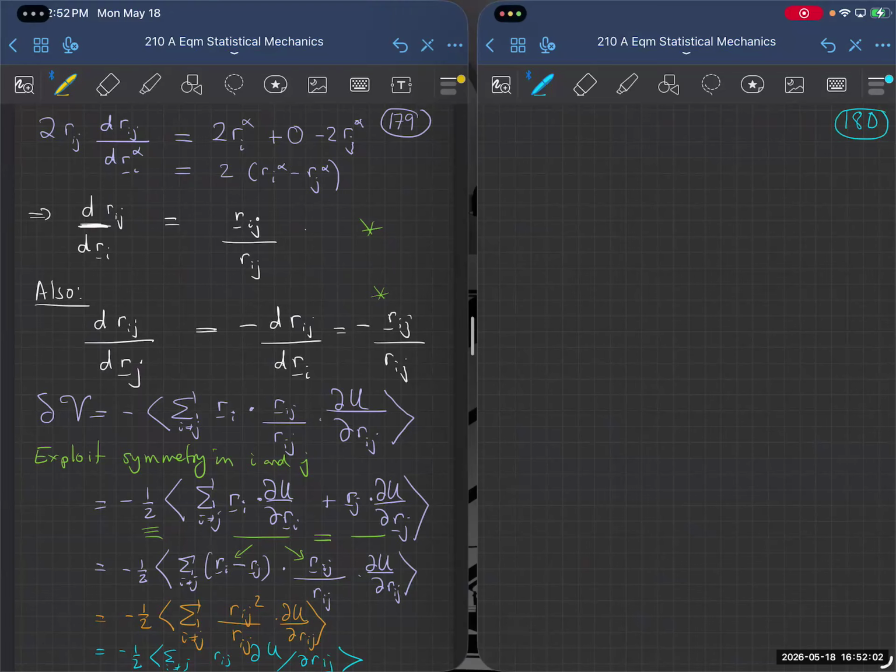Okay, so that's fine. But so what? The answer is this object is actually related to the correlation function.